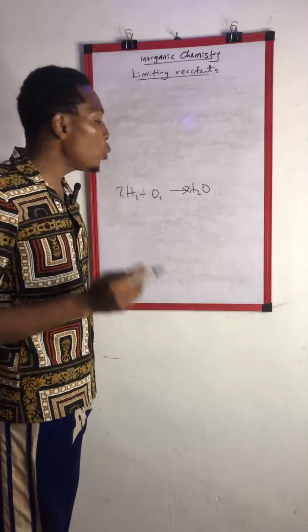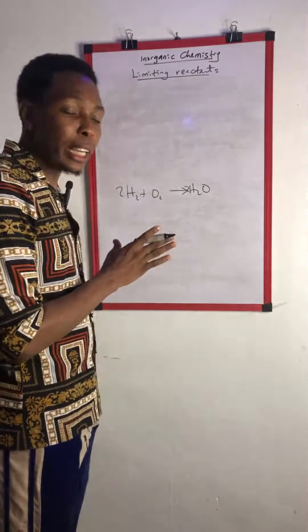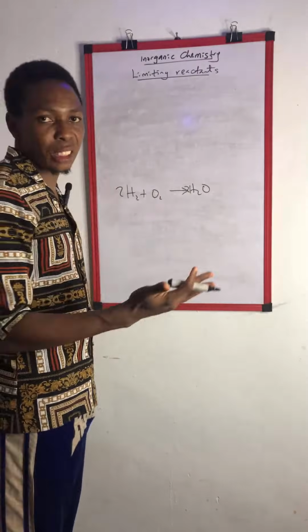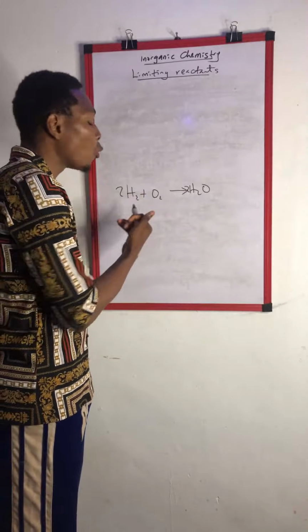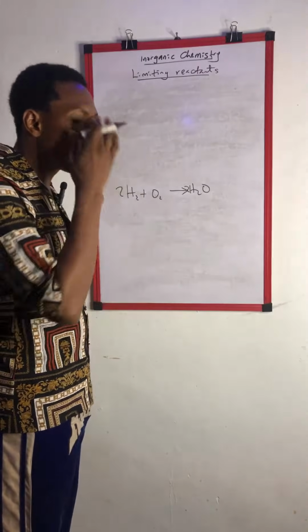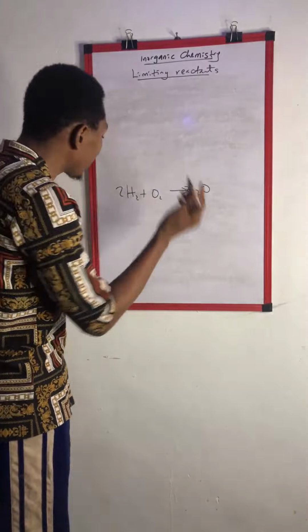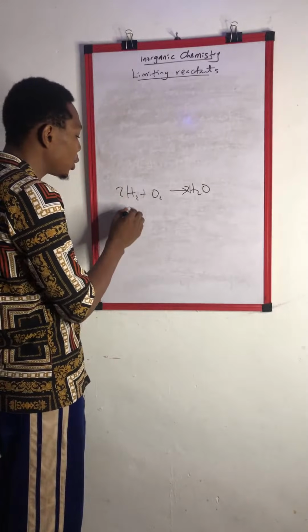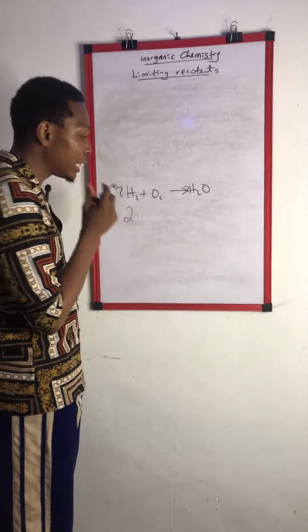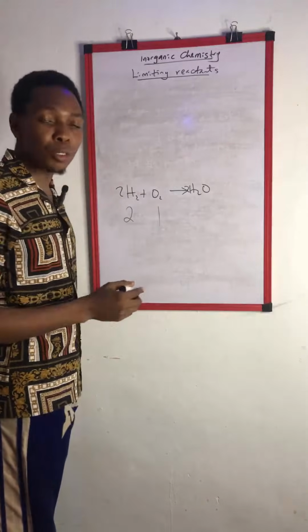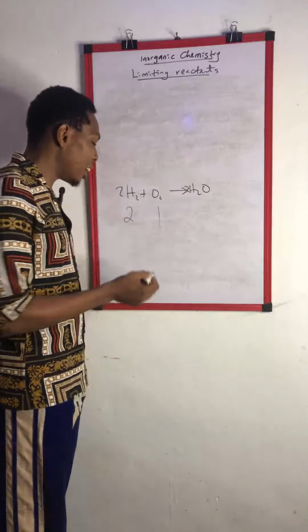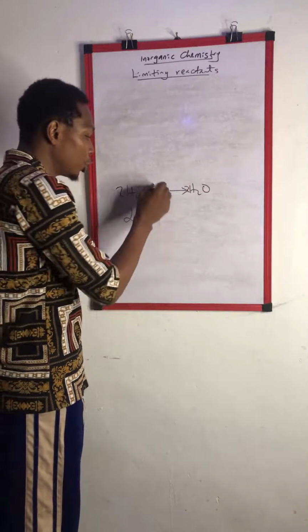Now, when looking at the equation, you can't just guess which of them is the limiting reagent. You might just use the unit, saying I'm having two molecules of hydrogen and just one molecule of oxygen, so definitely the one that will be used up first should be oxygen.